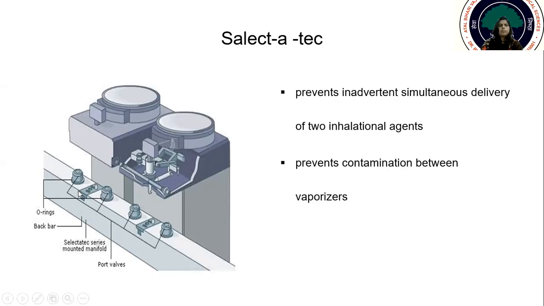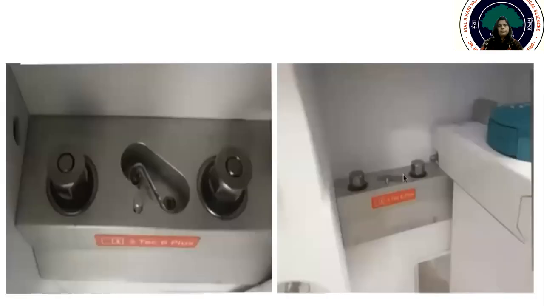This is a selectatec bar. So the vaporizer with the hole will sit on this protrusion and will be locked here. You can see here these are the protrusions on the selectatec bar, and there is a hole on the rear protrusion of the Tec vaporizer. You can also see this is a lateral rod.